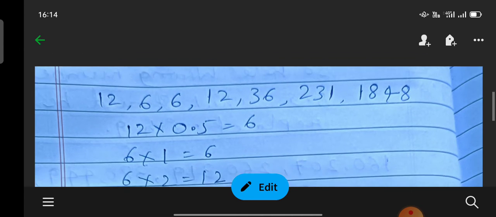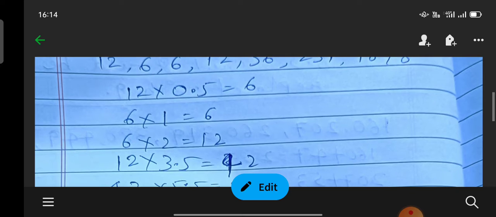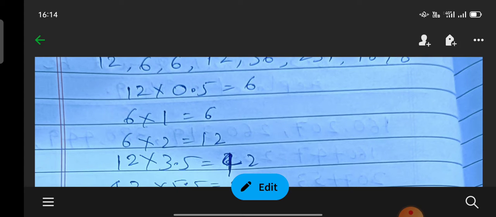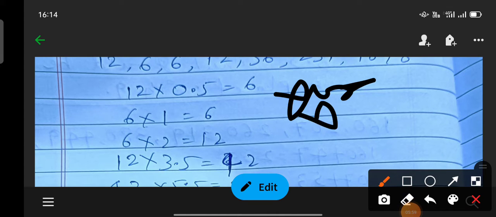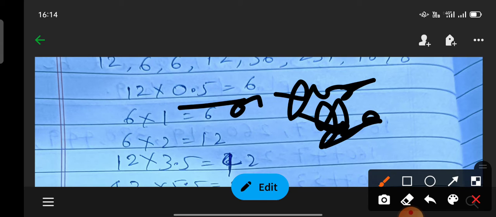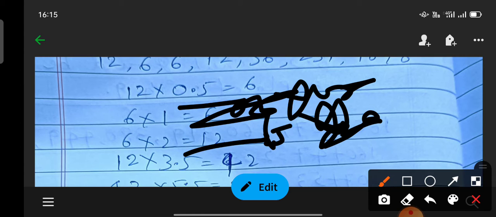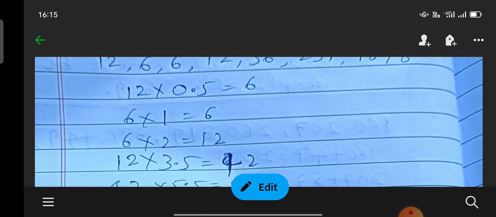Coming to 8th question, this is also exactly the same. See, into 0.5, into 1, into 2. See here 0.5 increased, here 1 increased, here 1.5 increased, here 2 increased.